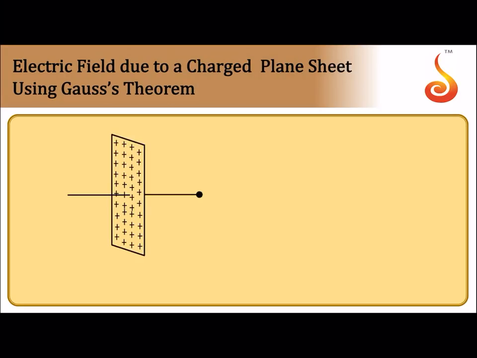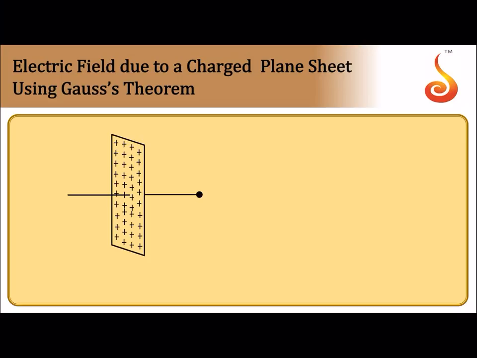Electric field due to a plane sheet of charge using Gauss's theorem or Gauss's law. Let us do this one. So here is a sheet of charge. You can visualize the charge itself to be distributed in the form of a large sheet.